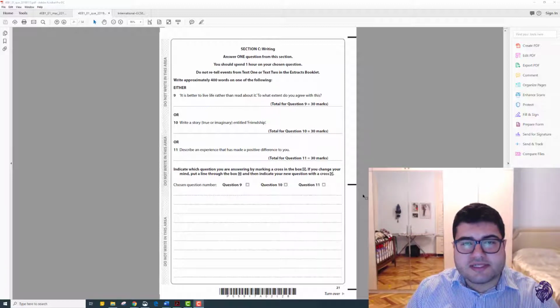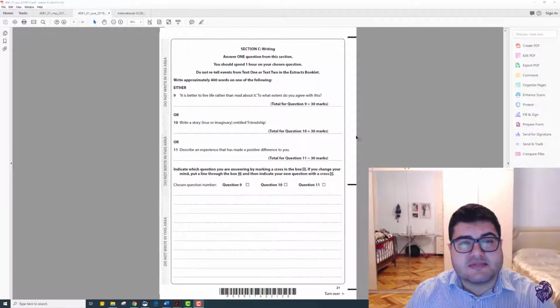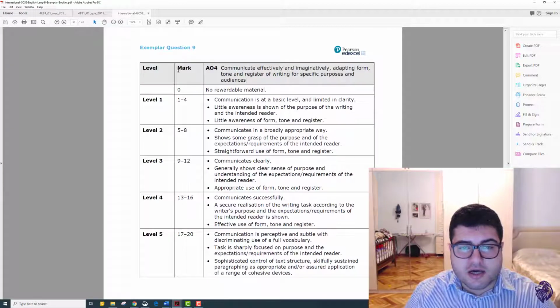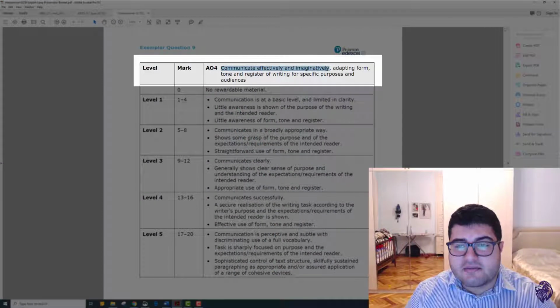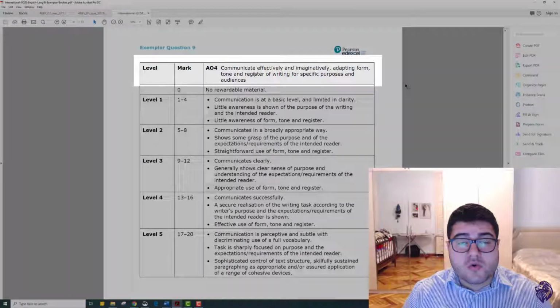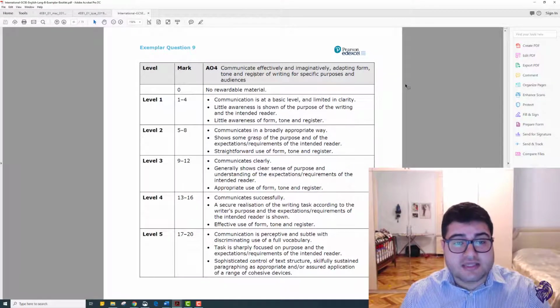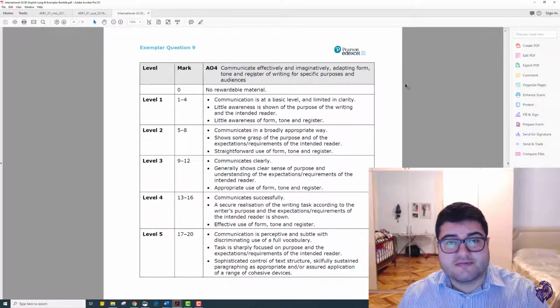The 30 points in Section C are split between two assessment objectives. 20 of the points come from Assessment Objective 4, which is your ability to communicate effectively and imaginatively, adapting form, tone, register of the writing for specific purpose and audience, which means can you write to your audience and for your purpose.